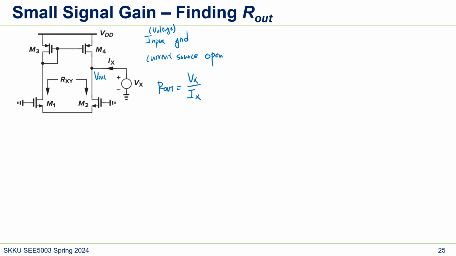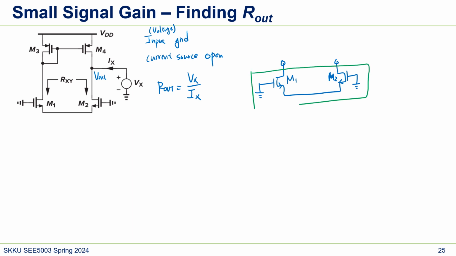So it's from the Norton equivalent. Let's look at this Rxy part first. So we can substitute it with something. M2, and then here's the MOS. So there are 2 ports, right? And this looks like this 2 port.